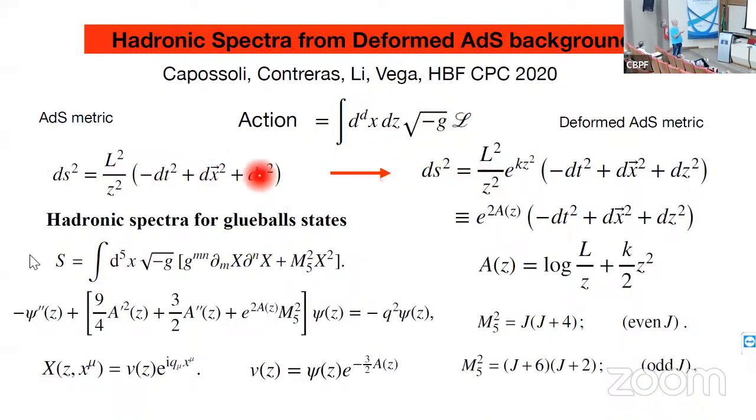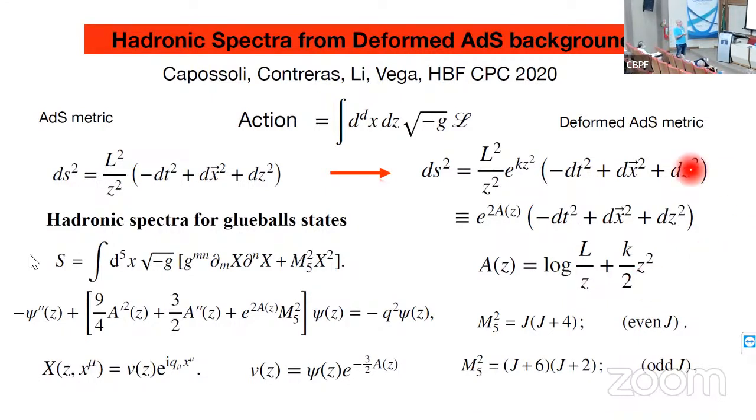Here is the AdS metric, and what we call deformed AdS is that we put the exponential, similar to the soft wall but with the opposite sign, directly in the metric. So we put no exponential here, but we put an exponential here. This is very similar to the soft wall, but there are important differences.